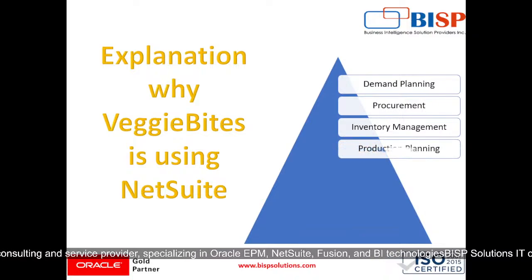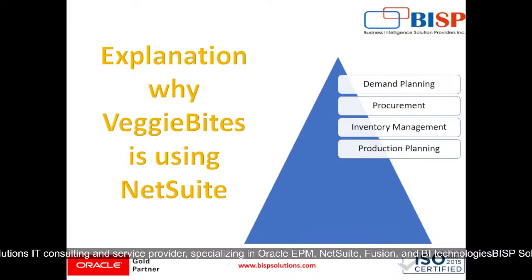After that comes production planning. Once Veggie has all the ingredients, they need to schedule production so that everything gets made on time and without waste. NetSuite creates an optimized production plan based on demand and available raw materials, and also ensures that machines and workers are utilized efficiently.